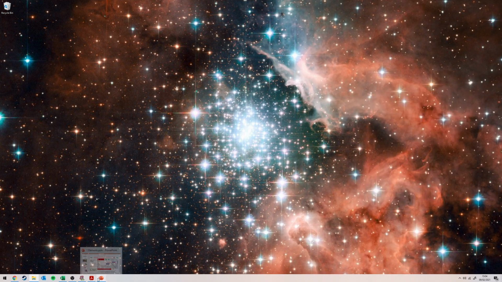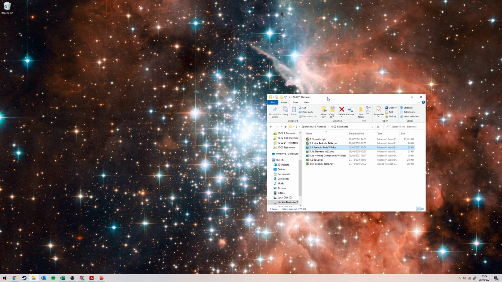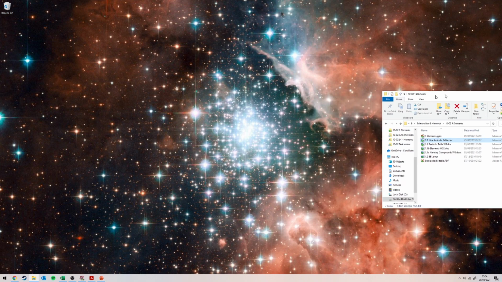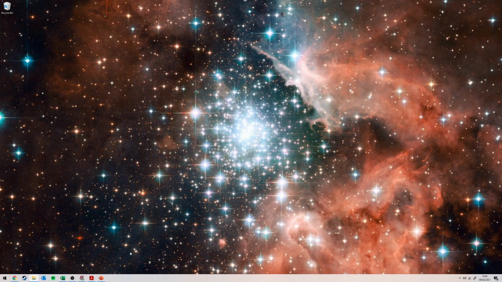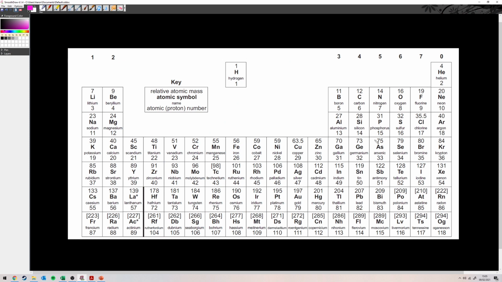So open up your periodic table. You won't be able to edit a PDF. So if you can't print a PDF off, there is a Word document of the periodic table there, which you could try and edit in Word. But we need to know a few things about the periodic table. So let's move on to here.